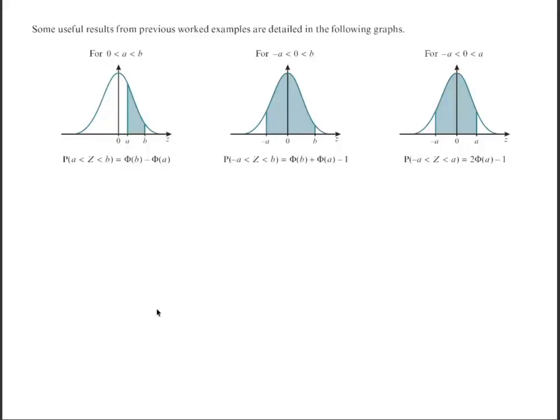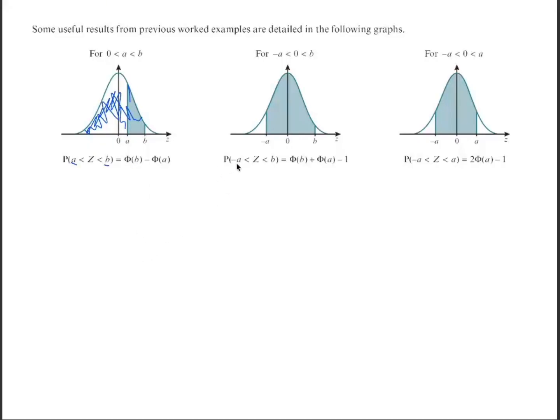From the previous examples, we have seen these few things. If you want to find the probability of your standard normally distributed variable between two positive z values, a and b, then you take the phi value of b, which is everything up to here, minus the phi value of a. So you're subtracting this, which leaves you with this blue section.